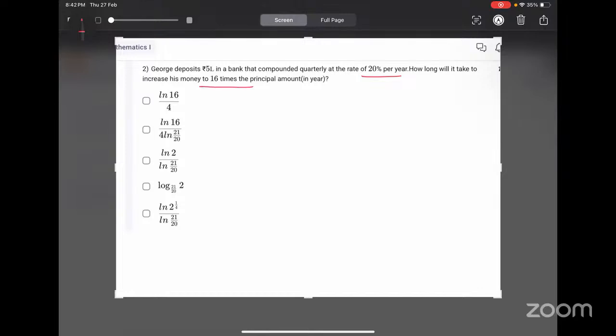So we know that the final amount A equals the principal amount P times 1 plus rate r by n times 100, to the power nt. This is the thing, right? And they ask how long it will take.